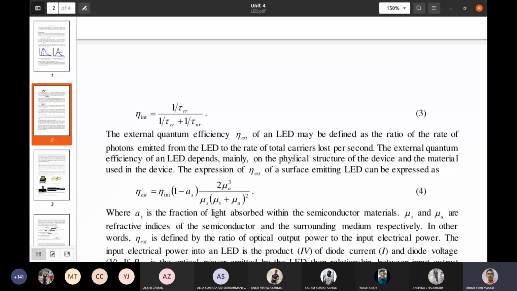In that situation, if we consider the absorption factor, where A_s is the fraction of light absorbed within the semiconductor material, and mu_s and mu_a are the refractive indices of the semiconductor and the surrounding medium, then the external quantum efficiency will be the internal quantum efficiency times (1 minus A_s).